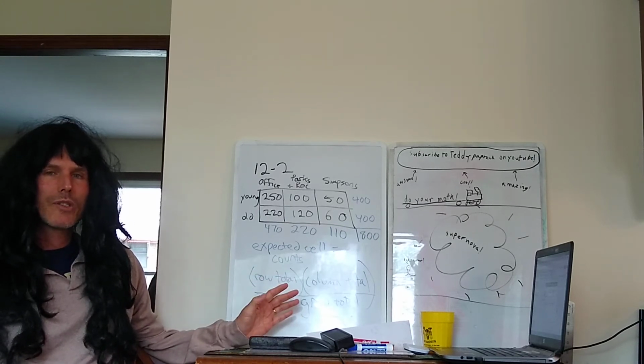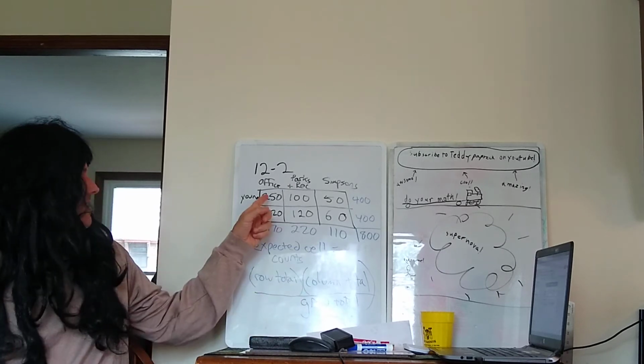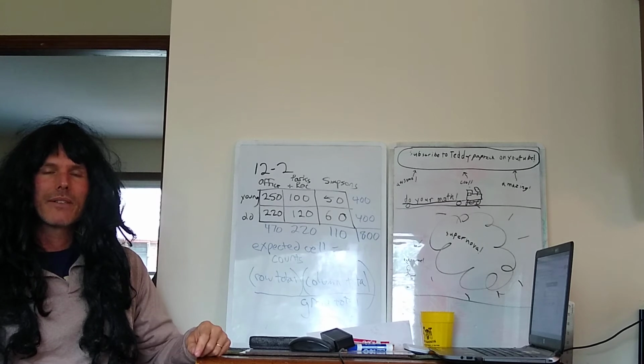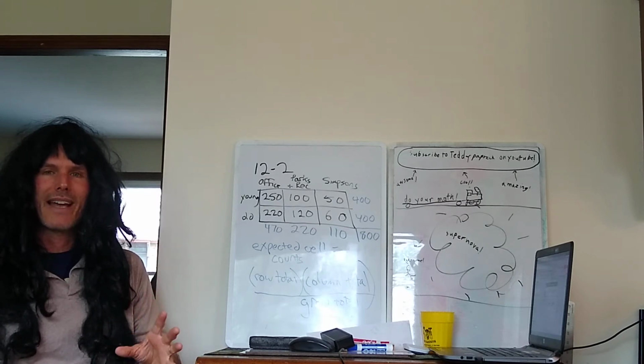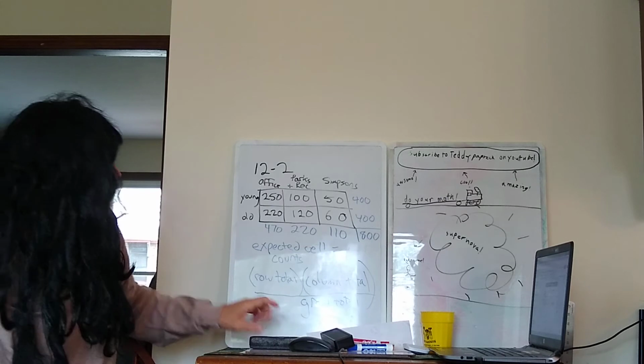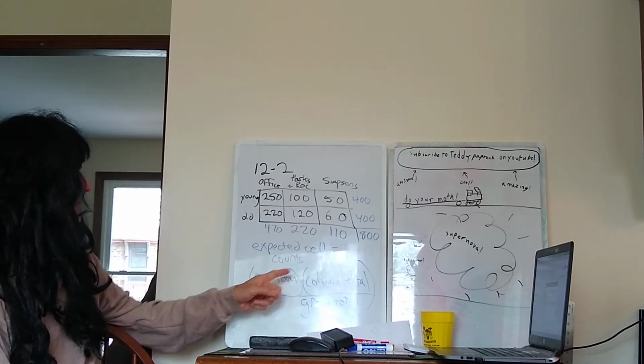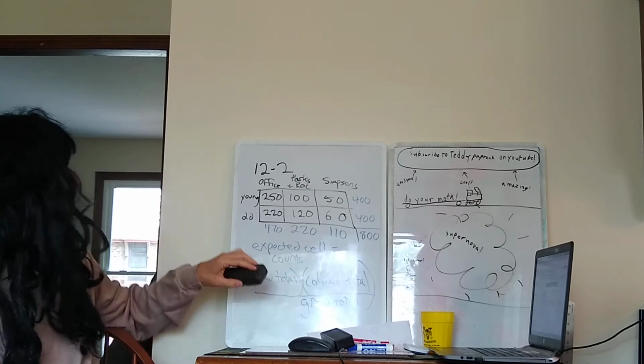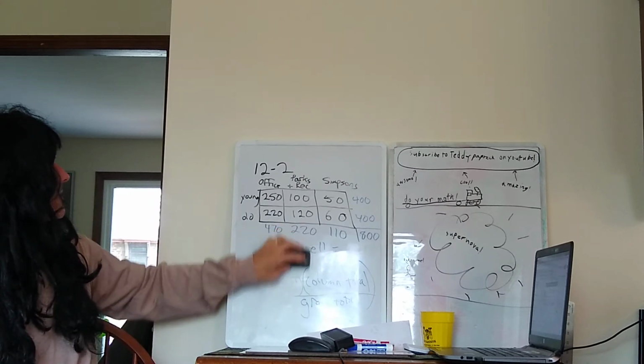So I'm going to do a demonstration of how to do it for just this top leftmost cell here, how to get the expected cell count for that cell. I'm going to use this formula right down here, row total times column total divided by grand total. I'm going to erase this because I need the room to do the arithmetic.